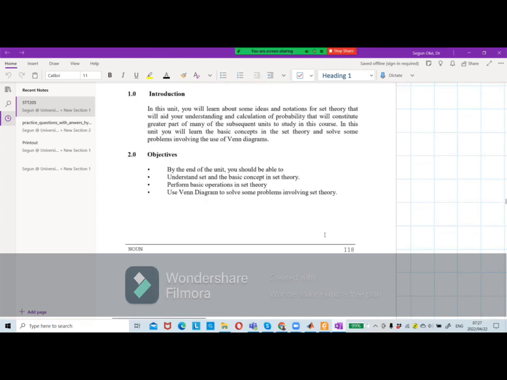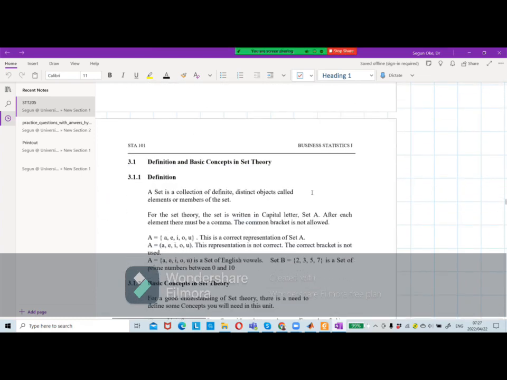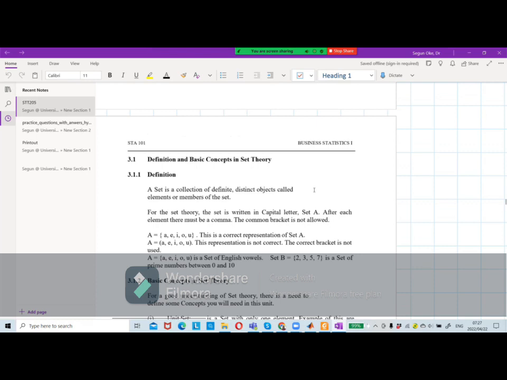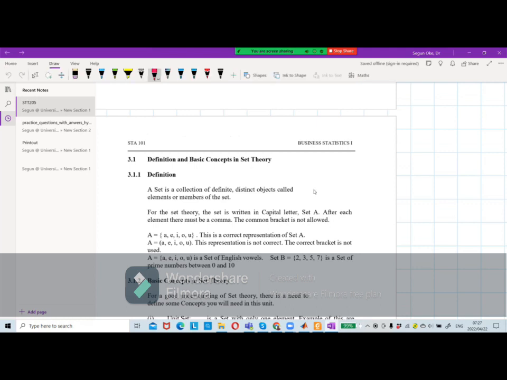So without much ado, a set is a collection of definite, distinct objects called elements. Please don't forget this. Elements, or a member of a set.